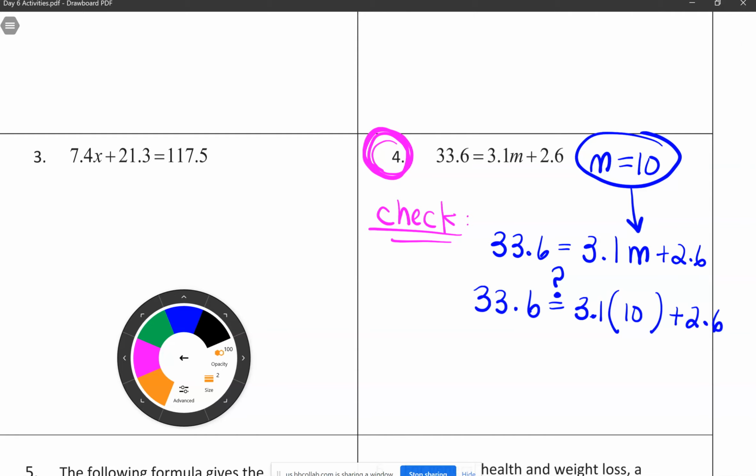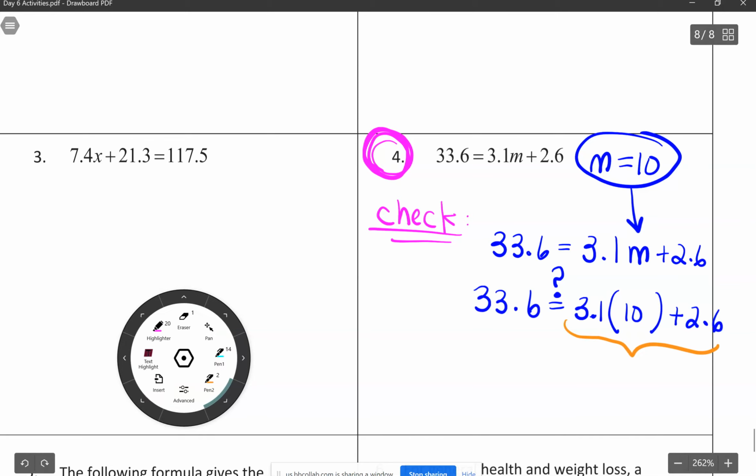Well, to be honest, at this point, all I need to see is that you plugged it in. If I can see that you plugged in this 10 here, then you can just plug all this into your calculator because your calculator can do it for you, right? But technically, order of operations says we would multiply first and then add.